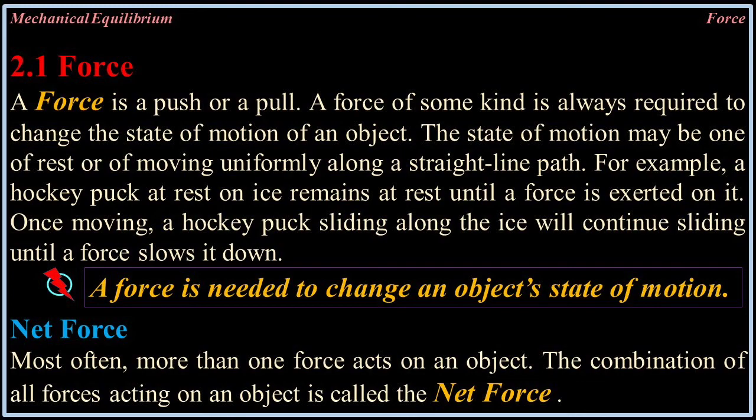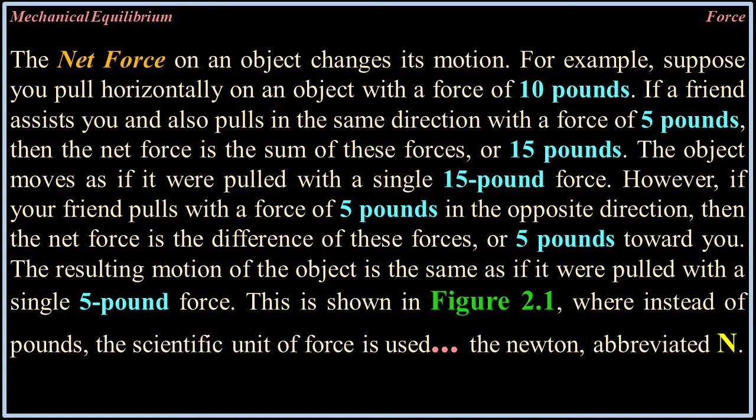Net force. Most often, more than one force acts on an object. The combination of all forces acting on an object is called the net force. The net force on an object changes its motion.